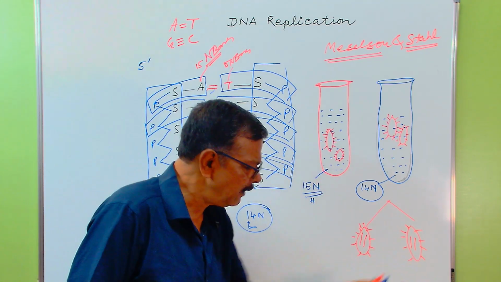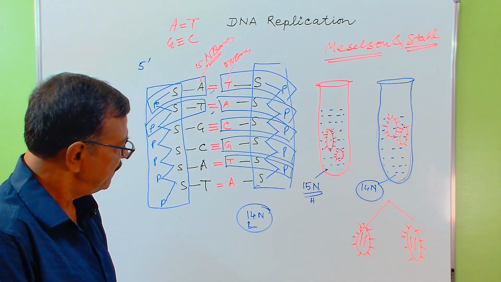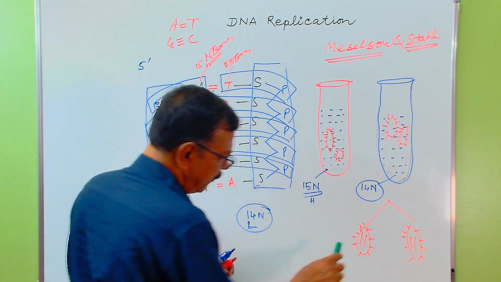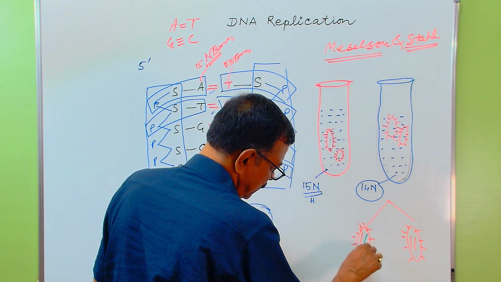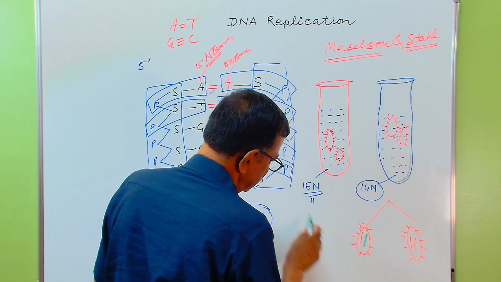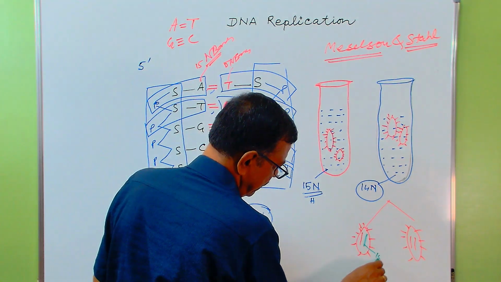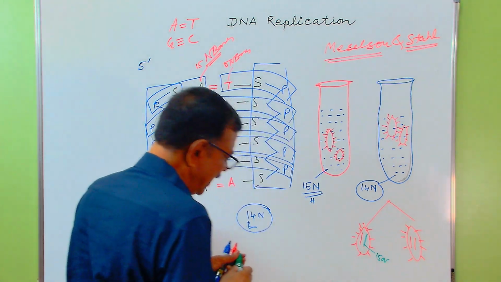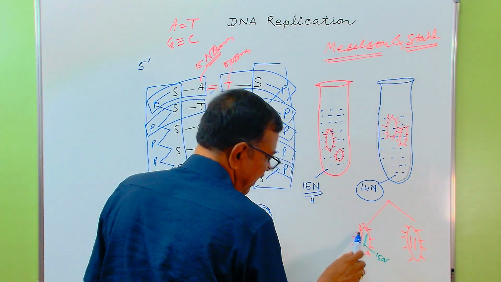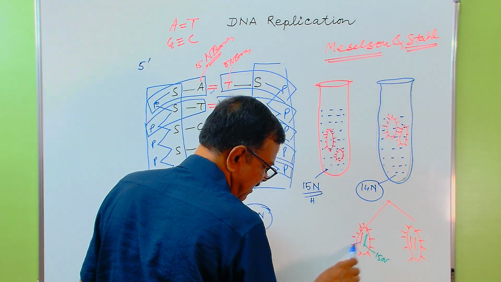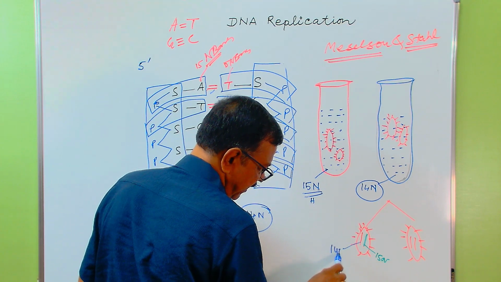When they evaluated this, they saw that one strand contains 15N and the other strand contains 14N. The new strand that has been synthesized contains 14N.